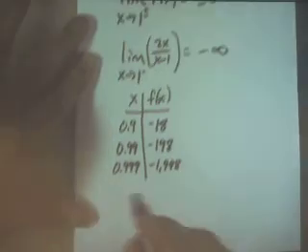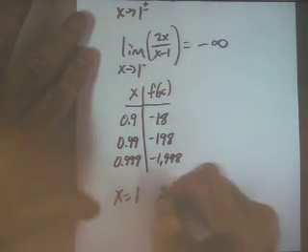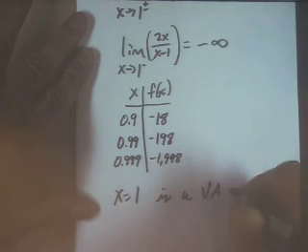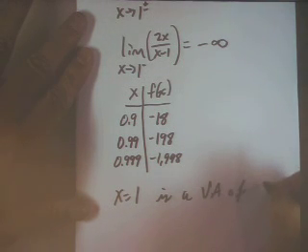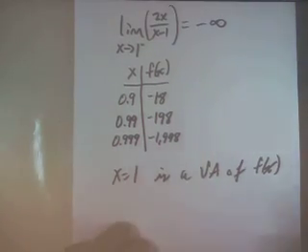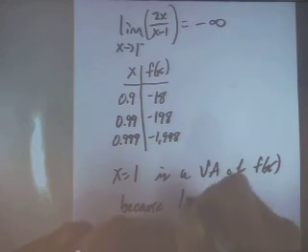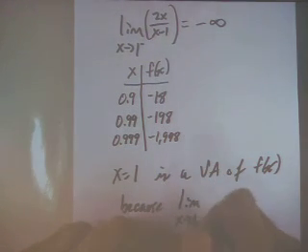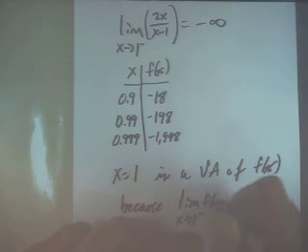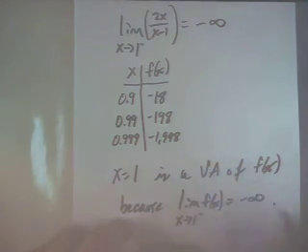And if that's true, then x equals 1 is a vertical asymptote of the function. It's a vertical asymptote because it meets the definition: we found that the limit as x goes to 1 from the left of the function equals negative infinity.